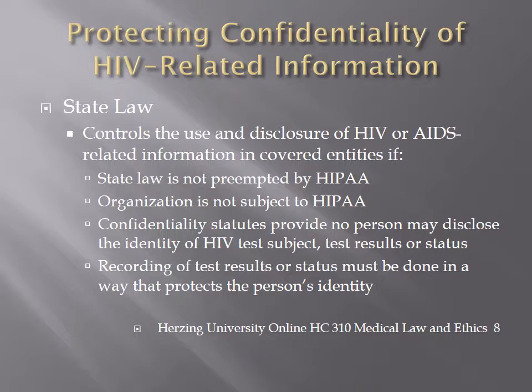The organization or entity itself is not subject to HIPAA. Confidentiality statutes provide that no person may disclose the identity of HIV test subjects, test results, or the status of the patient. Any recording of the test results must protect the confidentiality of the person's identity.